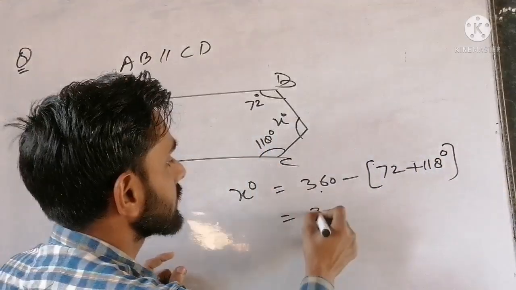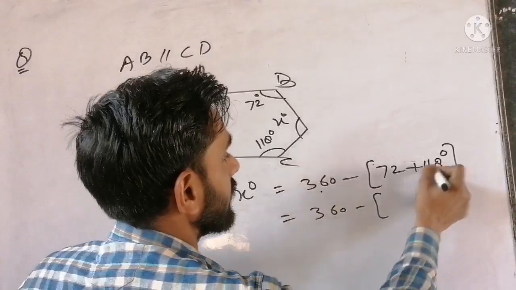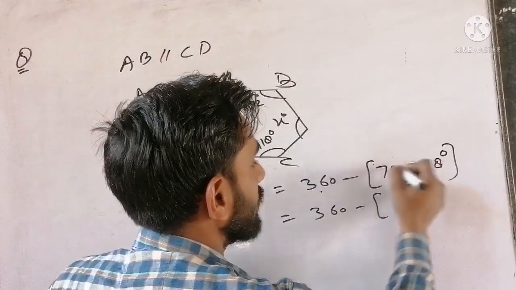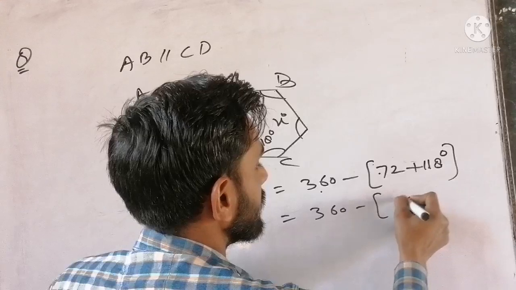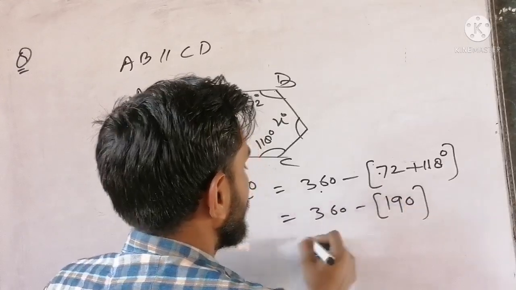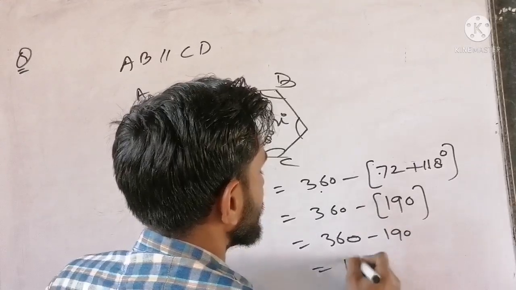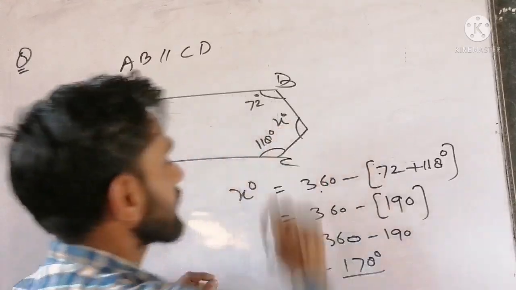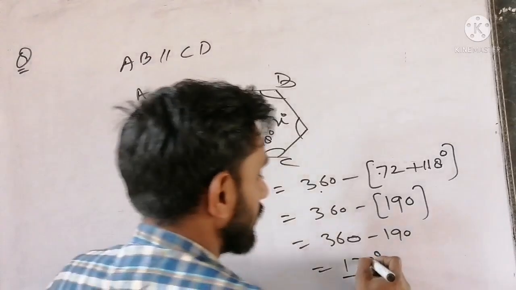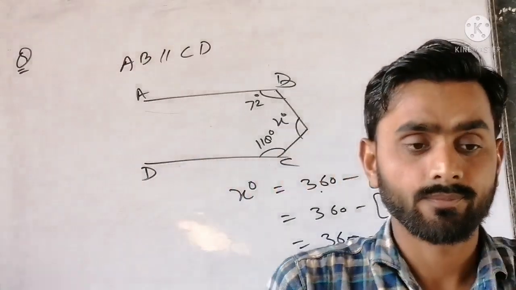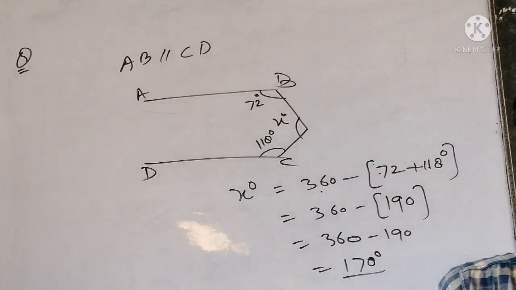Okay, 360 minus, you will add it, and this value is 190. 360 minus 190 is equal to 170. The value of x is equal to 170 only. Don't do any other things. Write it.